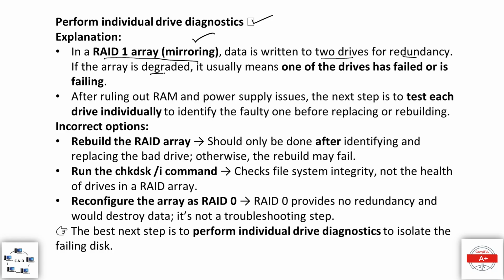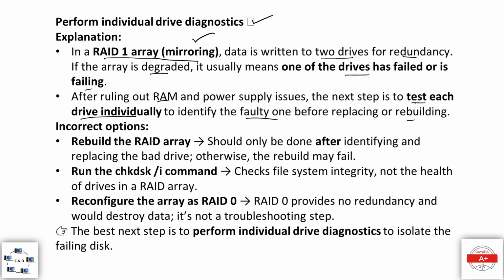If the array is degraded, it usually means one of the drives has failed or is failing. After ruling out RAM and power supply issues, the next step is to test each drive individually to identify the faulty one before replacing or rebuilding.